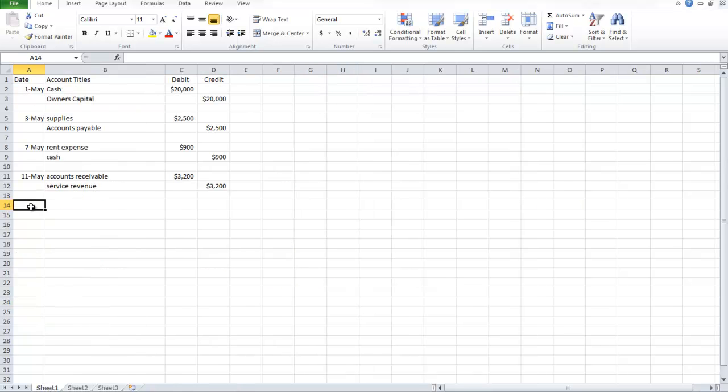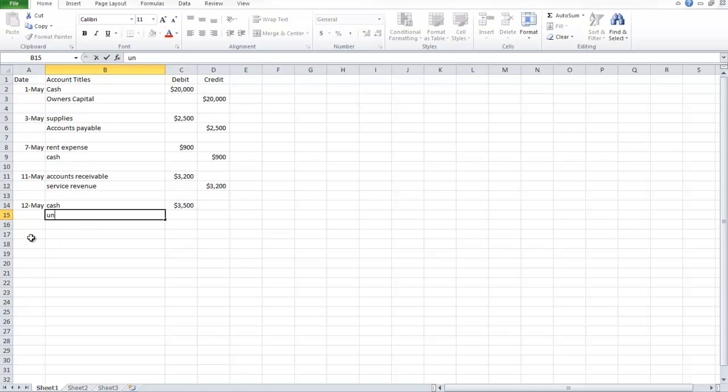Then the next day is May 12th, and they received $3,500 in advance on a management consulting engagement. So what it means is that this company is going to provide a service sometime in the future. So if they receive the cash today before performing the service, that means that the revenue has not been earned and is considered a liability.